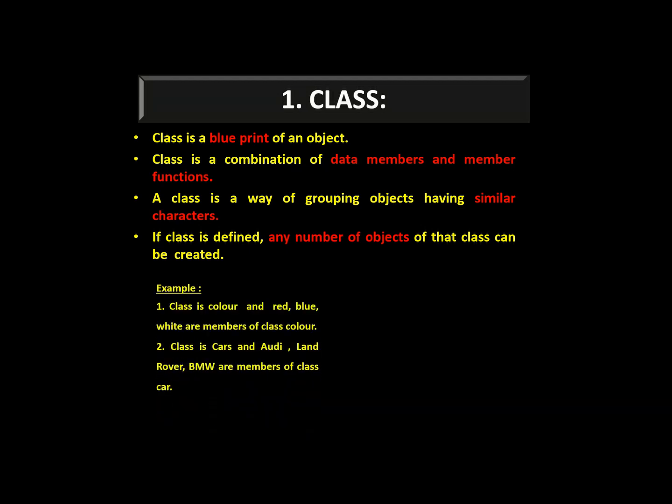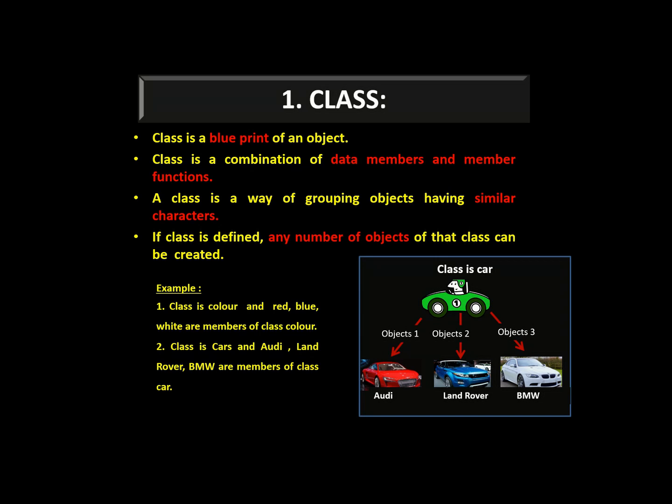Example, class is a color and red, blue, white are members of class color. Second example, class is a car and Audi, Land Rover, BMW are members of class car. Let us see this example. So class is car and all different types of cars are called objects.